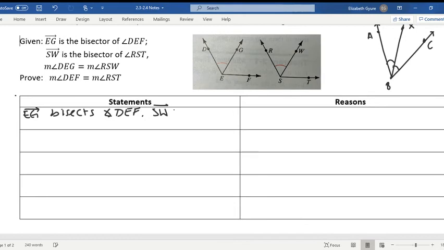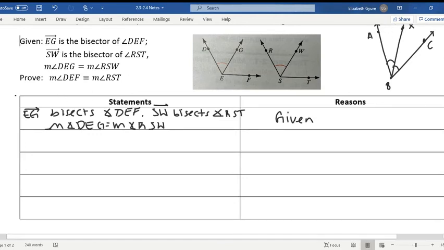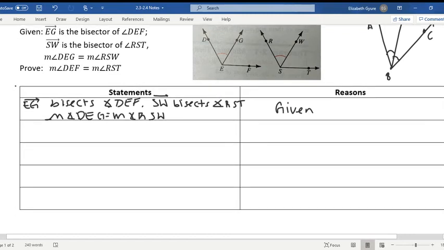Ray SW bisects angle RST, and the measure of angle DEG is equal to the measure of angle RSW. That is given, and we are going to prove that the measure of angle DEF equals the measure of angle RST.